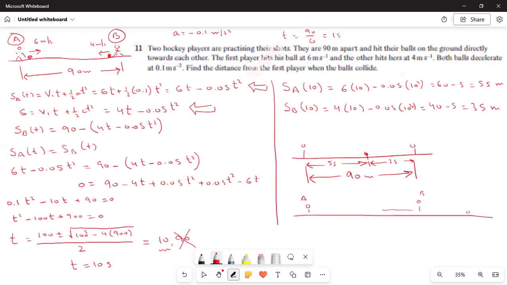But theoretically, when it stops, it will start moving back in this direction because the acceleration was in this direction, and it will keep accelerating. So after 90 seconds, it will meet this wall again. But this is not our criterion of interest, and it is practically impossible. So we take this number, because this is the time when they will collide with each other for the first time.